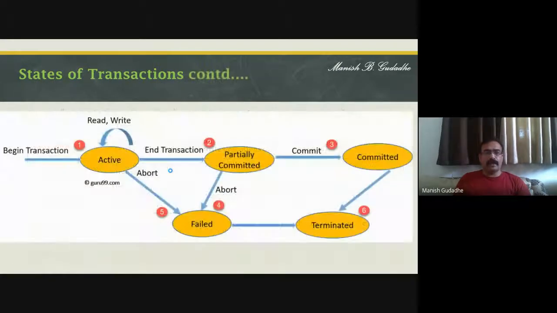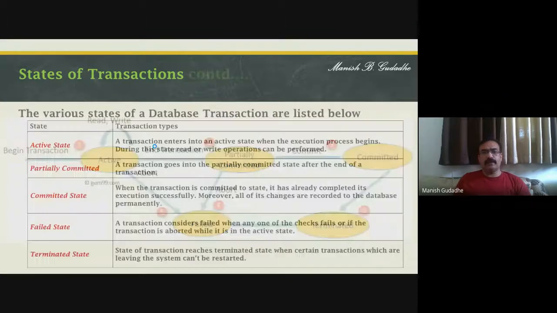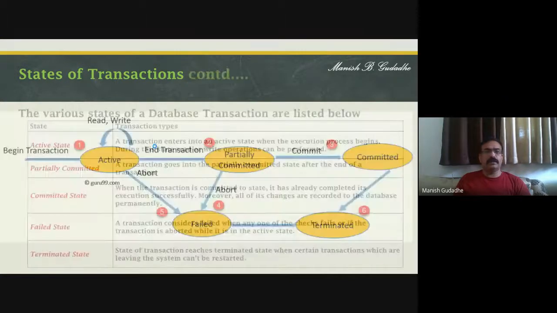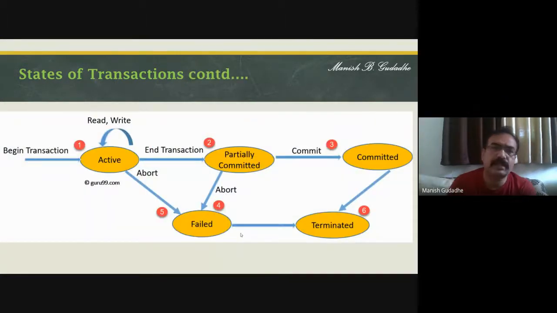We'll go for the diagram and then we'll go back to the various states of transaction. The state of a transaction is one of the important questions which will generally be asked in the question paper, but nowadays things have already changed.